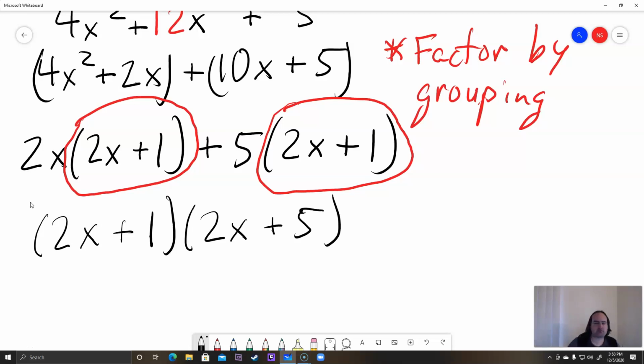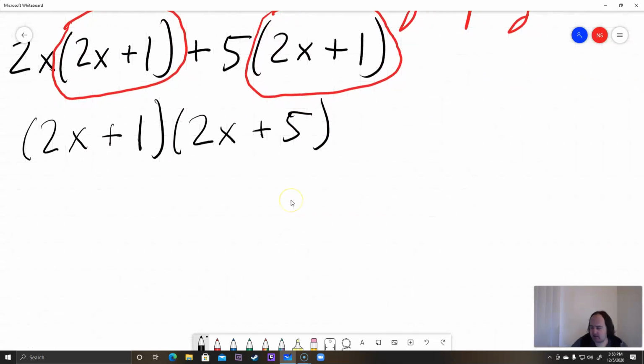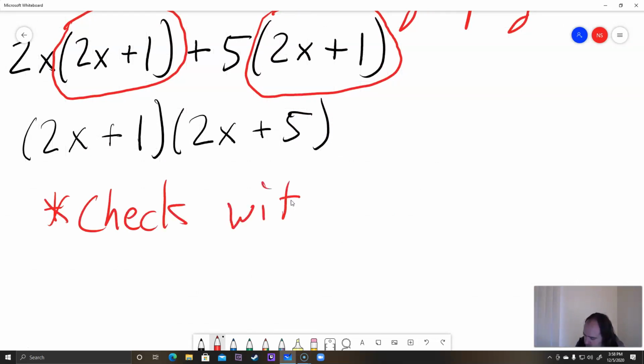Okay? And I'm not usually going to check these, but just with this one, I'm going to go ahead and check it. You don't have to check it, but I'm going to check it with FOIL. All that means is I just multiply this out using FOIL, and then I make sure I get the original polynomial.